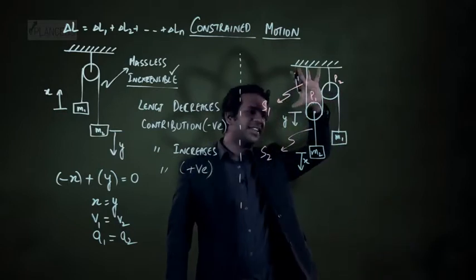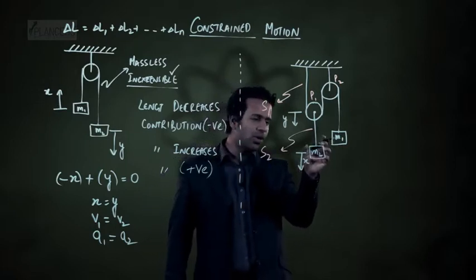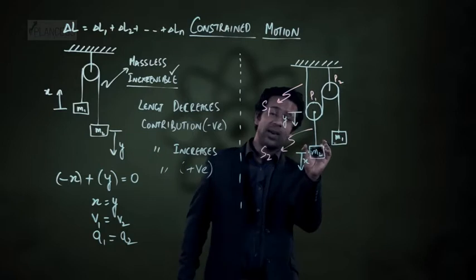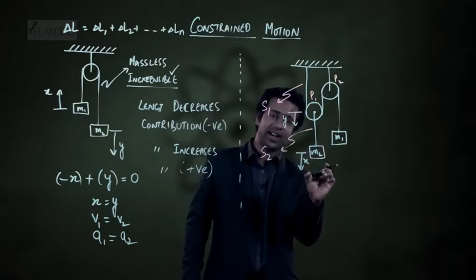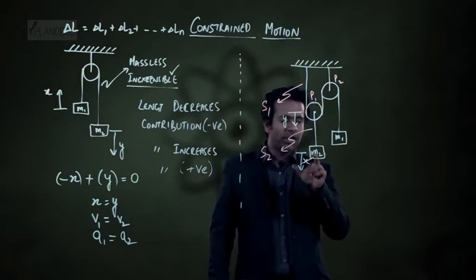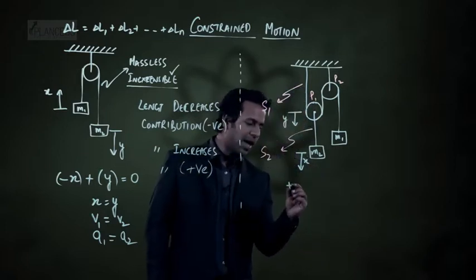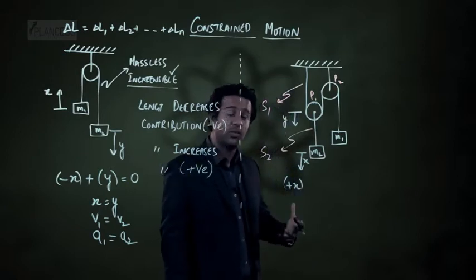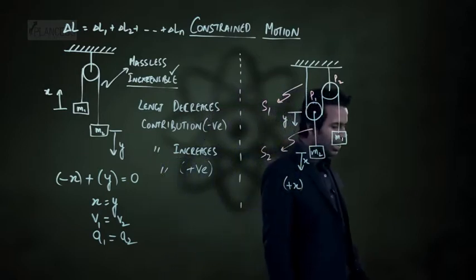If everything else is stationary and M2 comes down by an amount X, the length of the second string will elongate, it will increase, right? And it will increase by an amount X. So the contribution of M2 is plus X. The plus indicating that the length will increase, right?